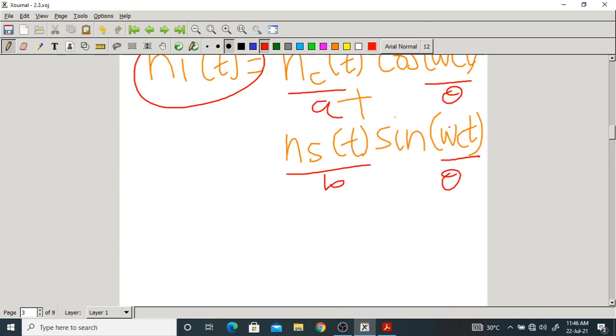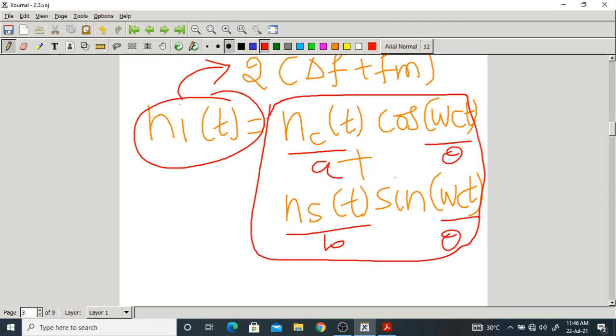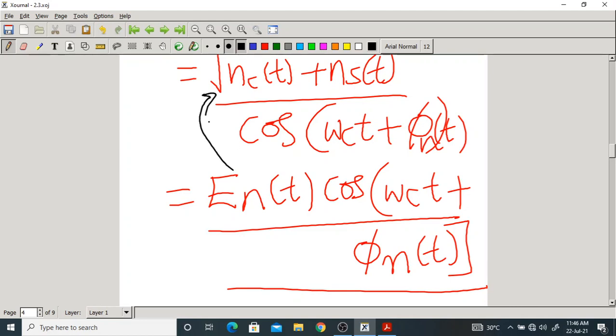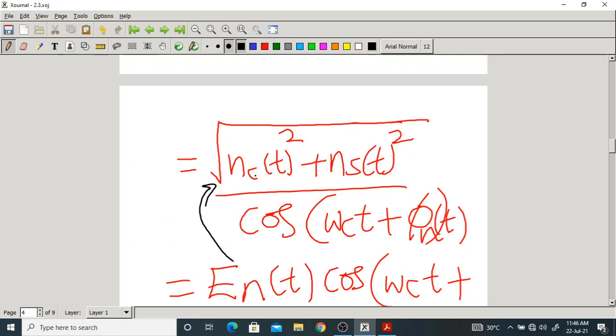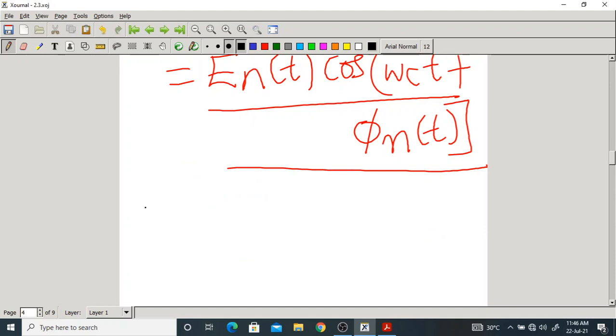Now see, you don't get confused. This form I am writing like this form. What is E_n(t) equal to? Square root of n_c(t)² + n_s(t)². What is φ_n(t)? Obviously tan inverse of n_s(t) by n_c(t), tan inverse b by a. Okay, anyway. So what is the input to the receiver or demodulator?